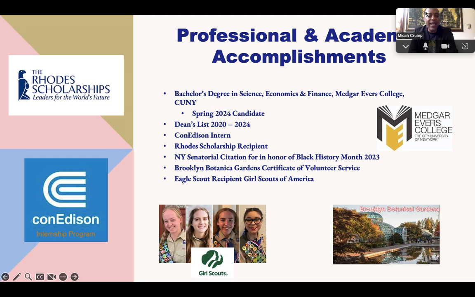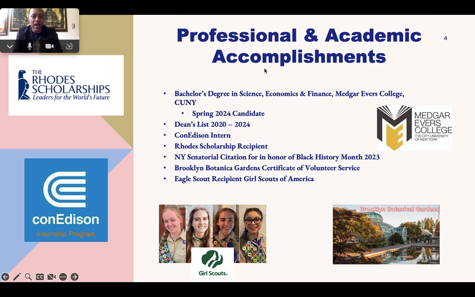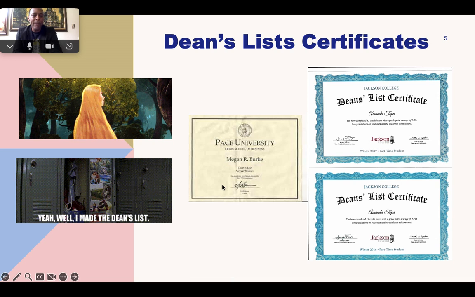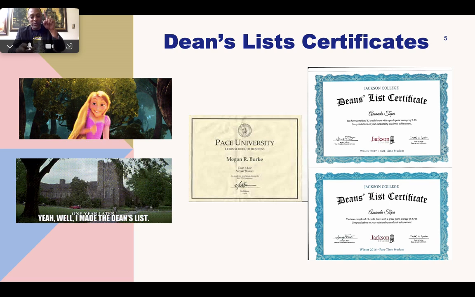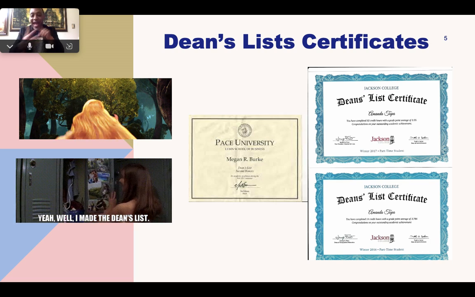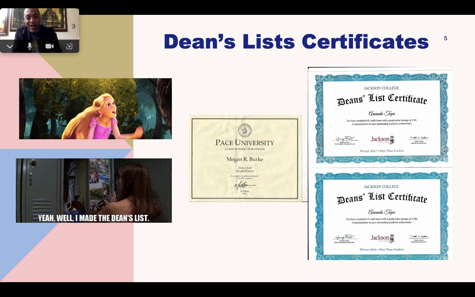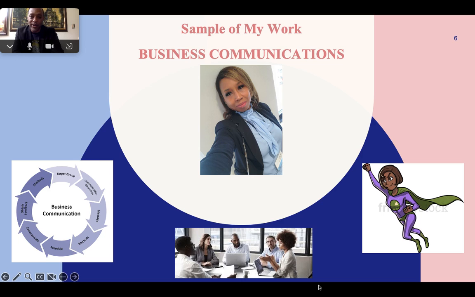Also, this is a highlight of some of the professional and academic accomplishments that I've attained. For example, one of them is, oh yeah, I'm very proud of the fact that I made the Dean's list 2020, 2021, 2022, 23, and 24. And so I'm really proud about that. That took a lot of work, you don't know?